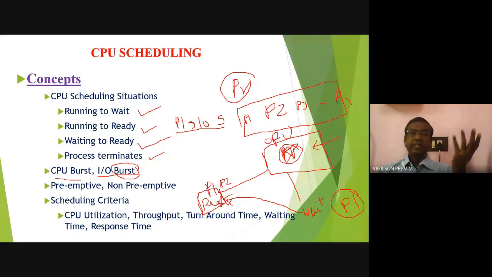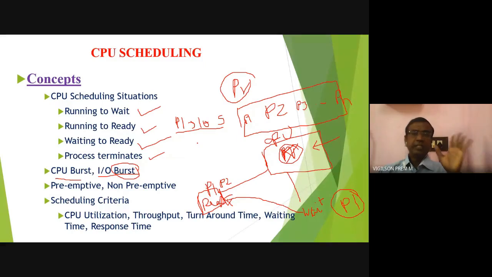Another 10 seconds maybe in an IO device, another 10 seconds maybe in main memory, another 10 seconds to get input. All those times we will not consider. We consider how much time a particular process spends in the CPU, at the maximum. So CPU burst time of 10 means the maximum time required by process P1 to be executed in the CPU is 10 seconds.